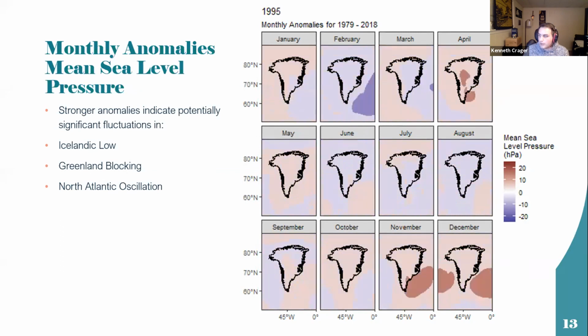I haven't really gotten into the details of what it means for the North Atlantic Oscillation yet, but it's really evident with the stronger anomalies getting closer to the present.